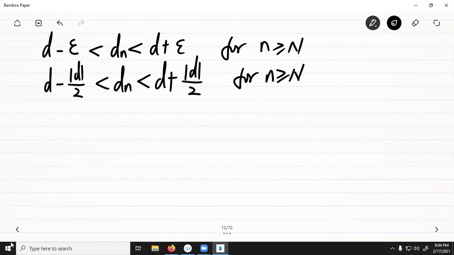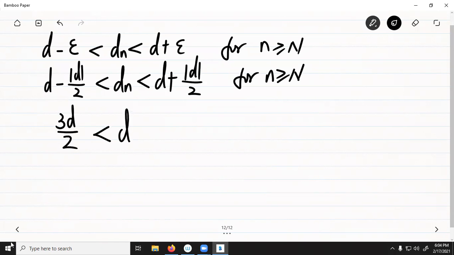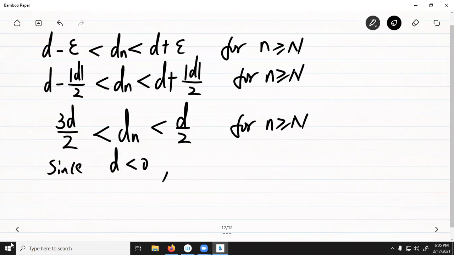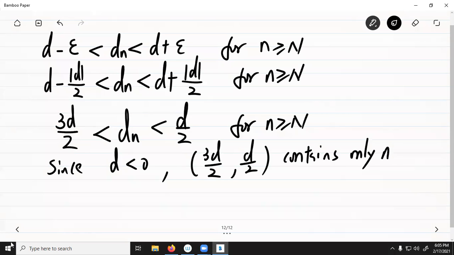So the absolute value becomes minus D. D minus D over 2 would be half of D, and D plus minus D over 2 gives 3D over 2, so D over 2 is the upper bound. Since D is negative, as we assumed at the beginning, this interval contains only negative numbers.